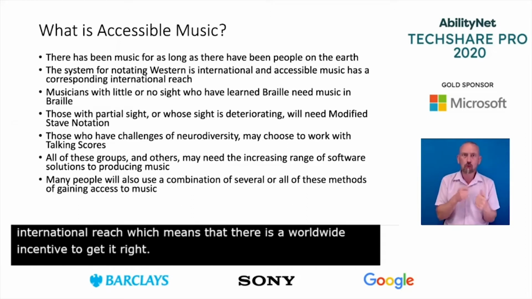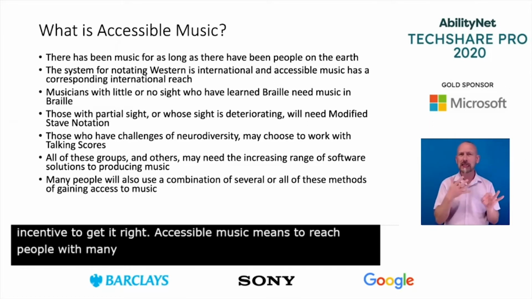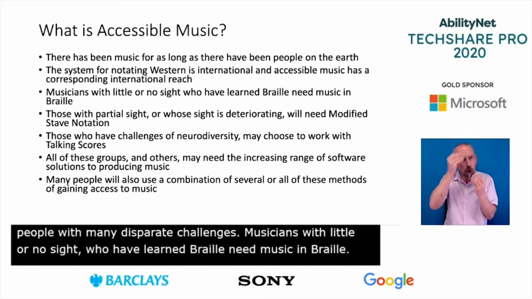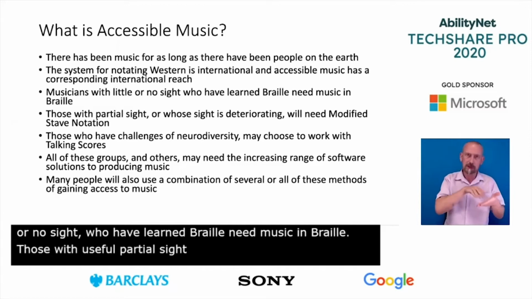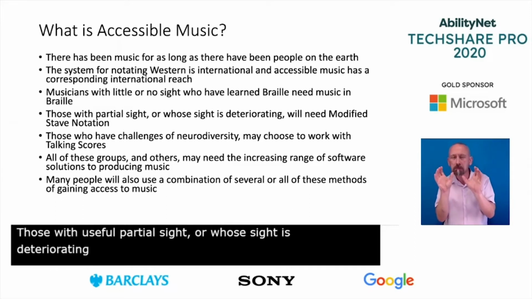Accessible music needs to reach people with many disparate challenges. Musicians with little or no sight who have learned Braille need music in Braille. Those with useful partial sight or whose sight is deteriorating will need modified stave notation.